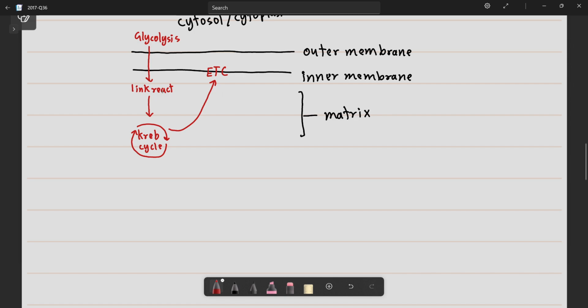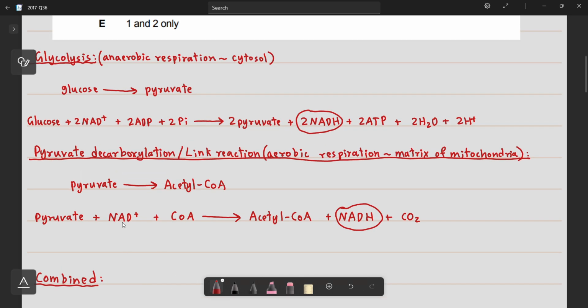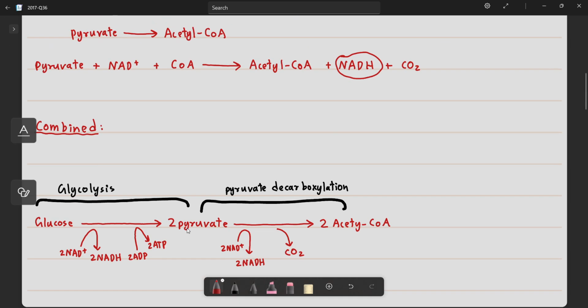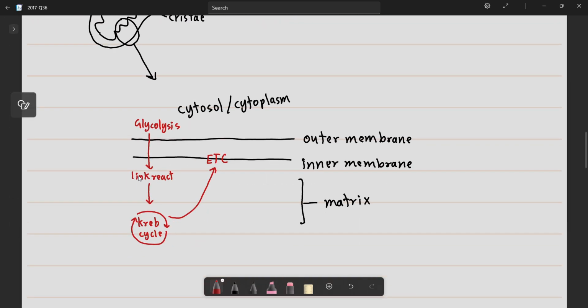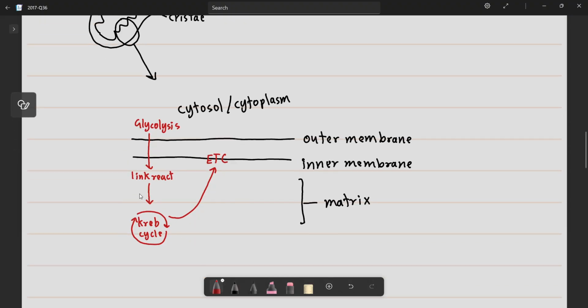Okay, so now why do we call link reaction aerobic respiration? Because although there's no use of oxygen that we can clearly see in this chemical reaction, this is because, as I also mentioned earlier, the link reaction, or pyruvate decarboxylation, is known as an intermediate step.